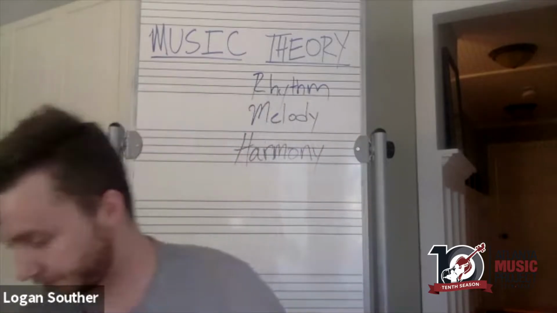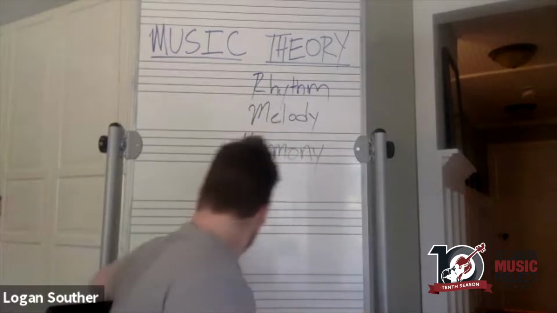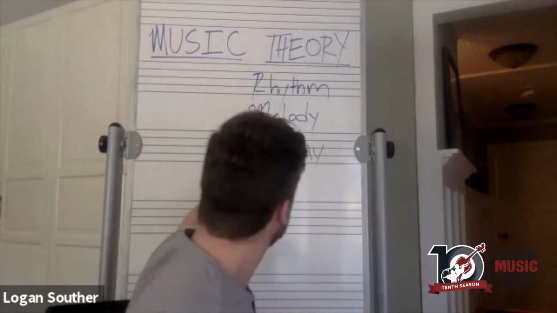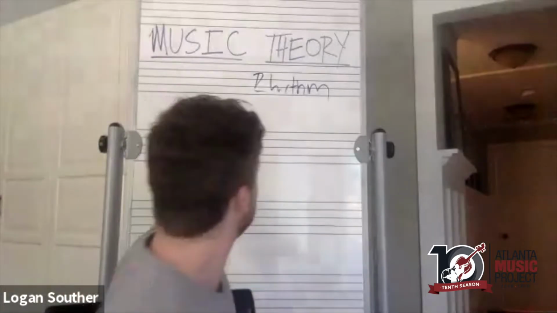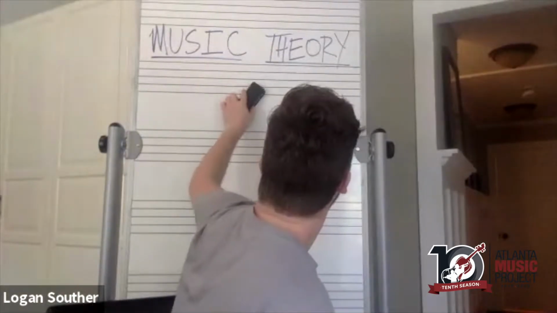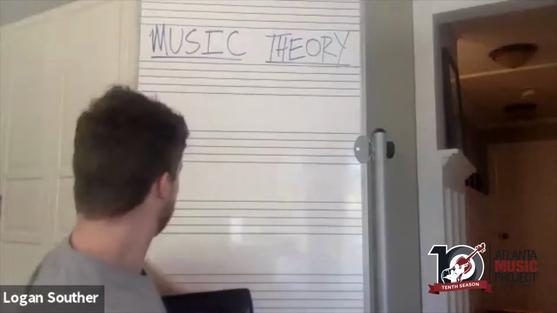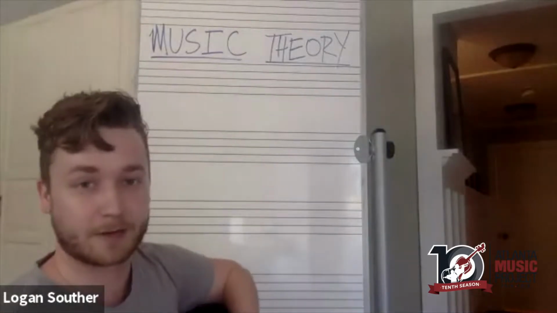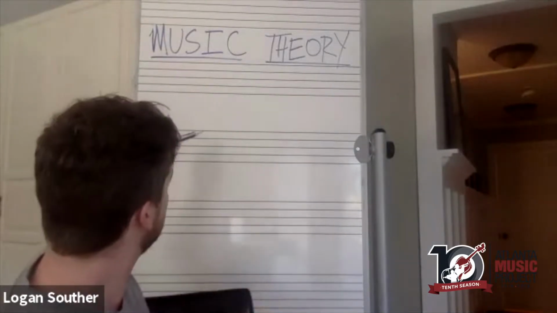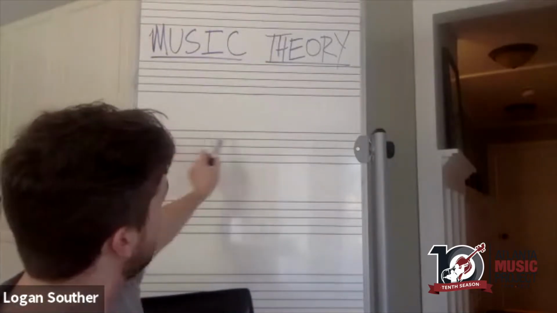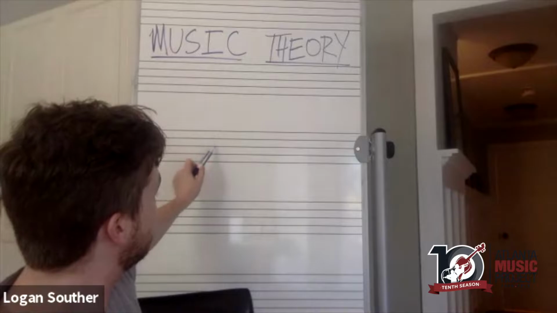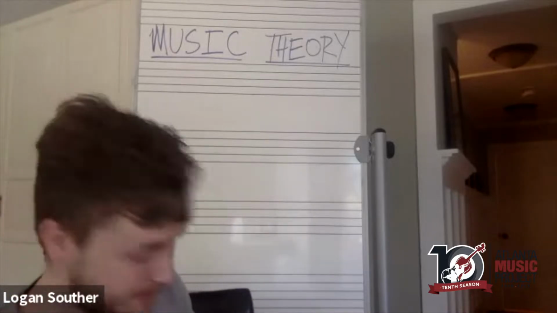All right, so before we can go on, we need to start with the very basics that we sometimes take for granted. We don't realize that they're important, and we don't think about them as much as we should. But the first thing, and you can write this in your notes, if you don't have manuscript paper, go ahead and take a moment to draw the 5 lines of the staff on your piece of paper.